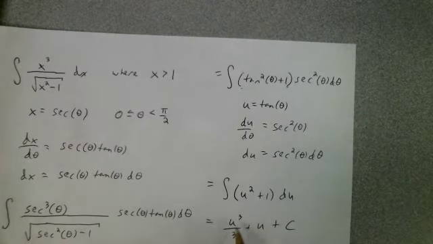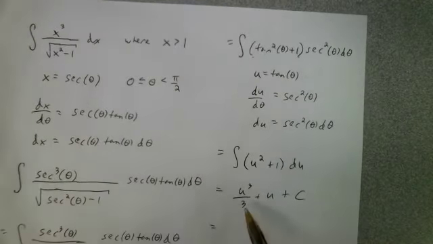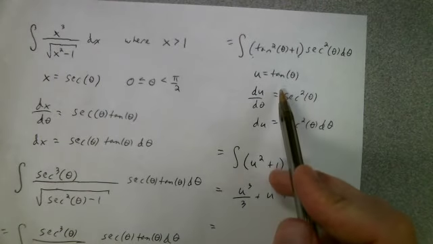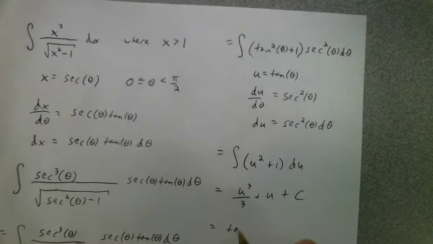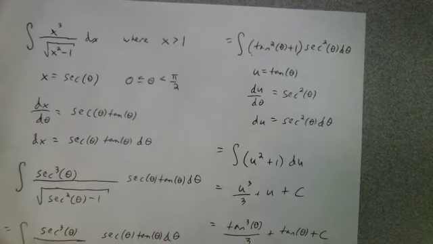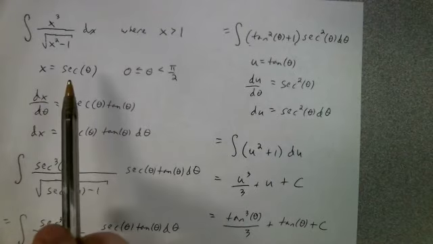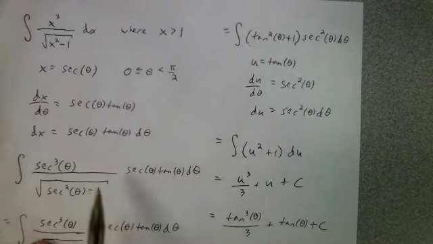All right, so again, we're not done. We got an answer with u's in it. Our problem started with x's. So u is the tangent of theta. So now I got tangent cubed theta over 3 plus tangent theta plus c. Now you got to say, okay, wait a minute, I still don't have x's in my problem. Now x was the secant of theta.